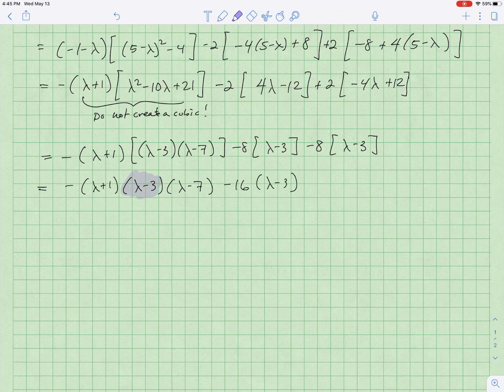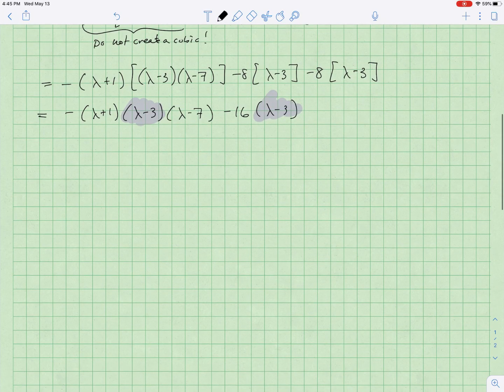And the subtle part here is both of these have a factor of lambda minus 3. And now we're going to factor some more. This is lambda minus 3 times the quantity negative lambda plus 1 times lambda minus 7 minus 16, which will simplify to be lambda minus 3.